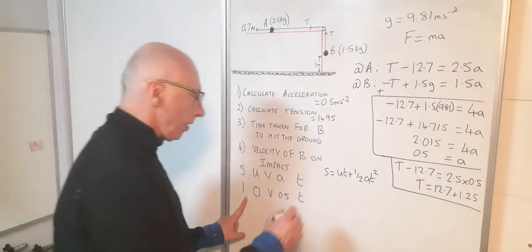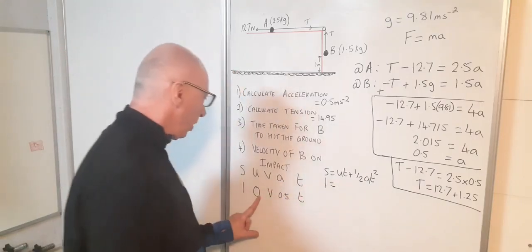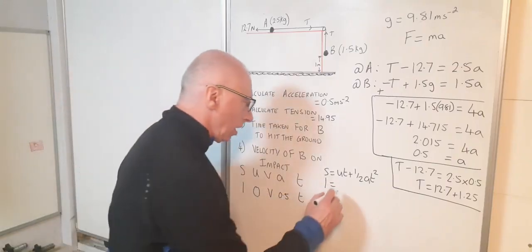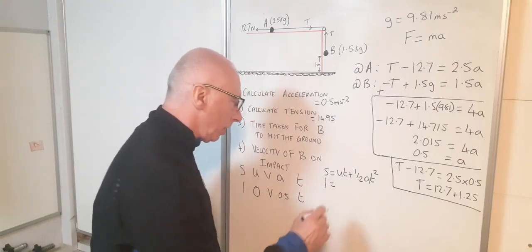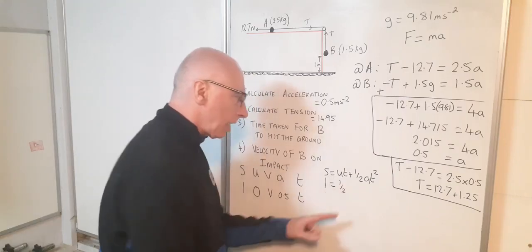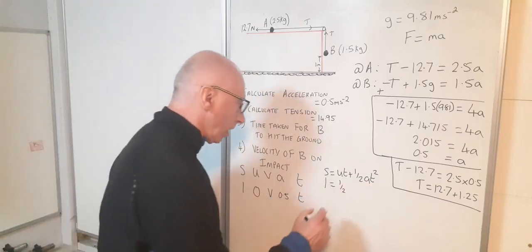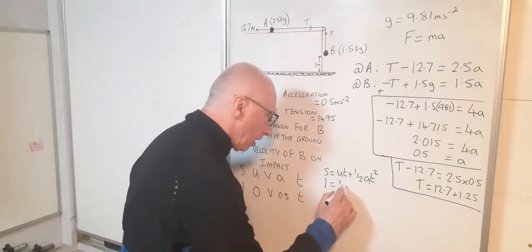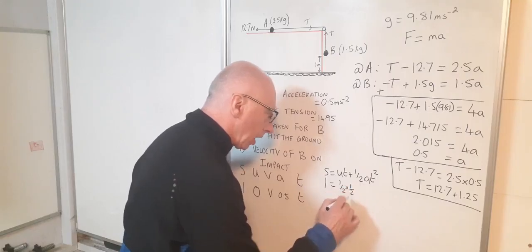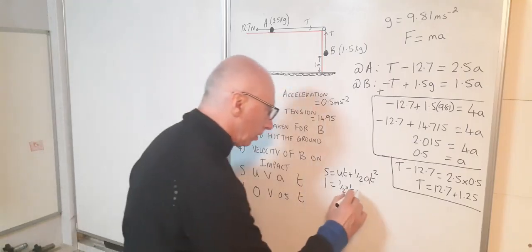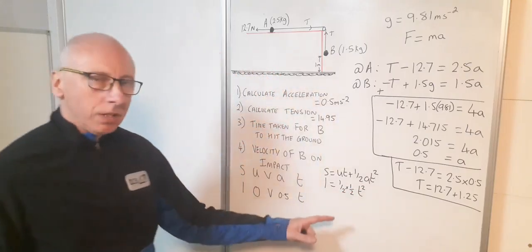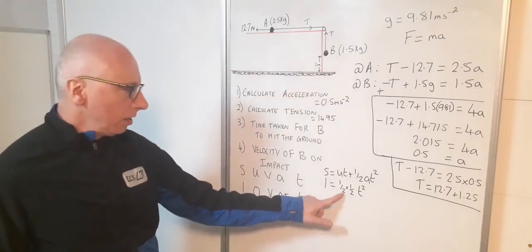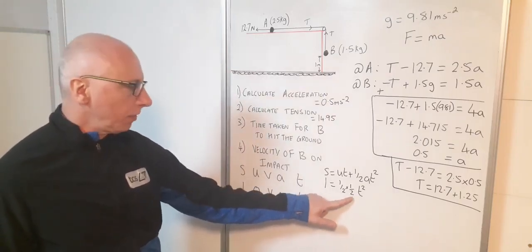So s is 1, u is 0, so that all disappears. Then we've got a 1/2 times acceleration, which is also a 1/2, and then t squared. A 1/2 times a 1/2 is a quarter.